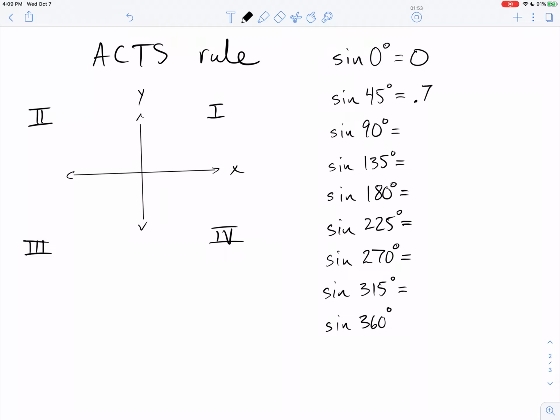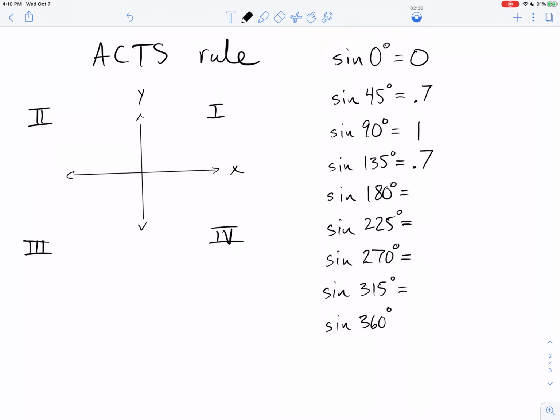Then, the very next spot, when you punch into your calculator the sine of 90 degrees, you're going to get the answer 1. When you punch in sine of 135, go ahead, enter it in, and keep your display on. Don't clear out what you just did, and you're going to see this 0.7 number again.